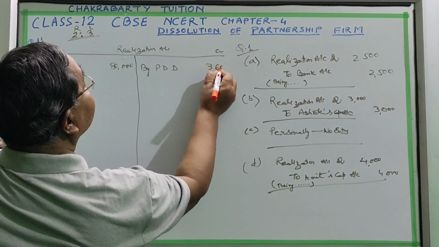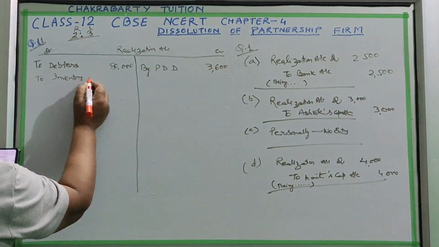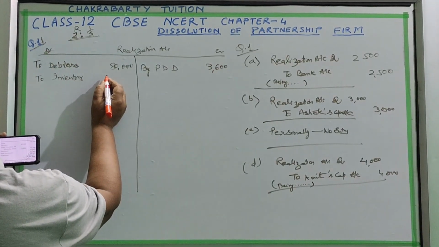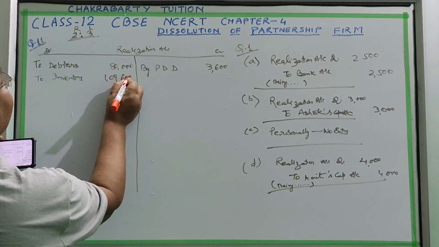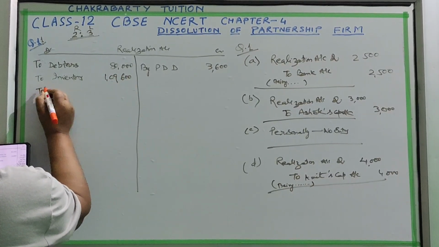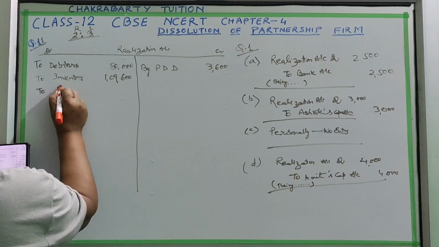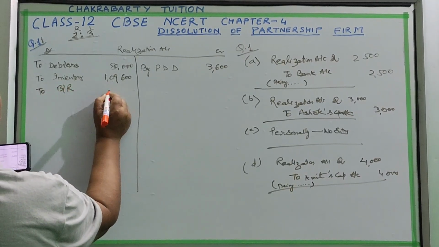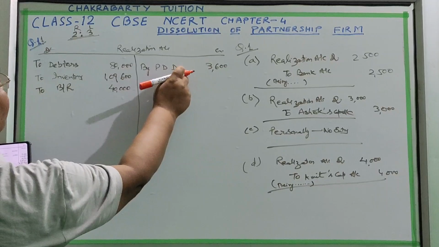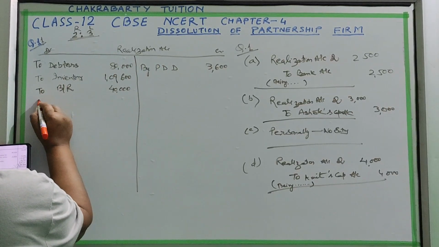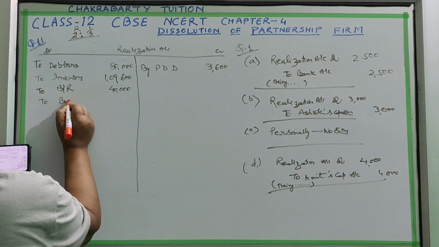It is 3,600. Okay. Then inventory we will transfer here, 1,09,600. Then all assets we are transferring to the realization account from the balance sheet, except bank, and provision is going to this side. Okay. To building.